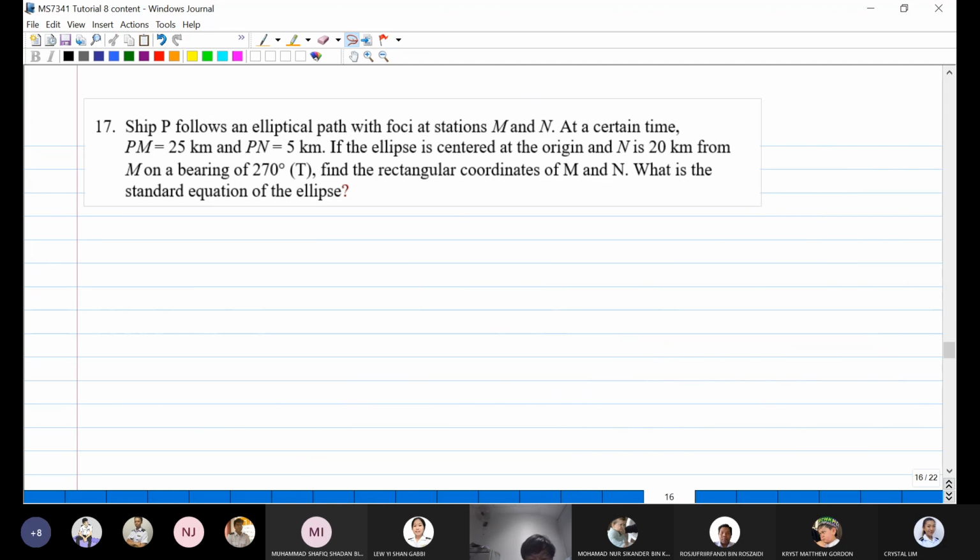A ship follows an elliptical path with foci at points M and N. Of course an ellipse has two foci, so let's call them F1 and F2. At a certain time, the ship is at P. P is the location of the ship here.